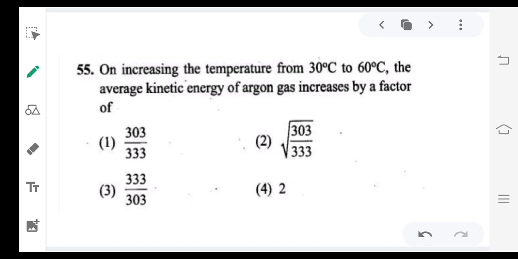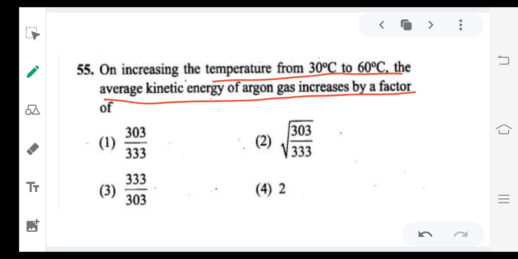Next, on increasing the temperature from 30 degrees to 60 degrees, the average kinetic energy of argon gas increased by a factor. So temperature is increased from 30 degrees to 60 degrees. What about the average kinetic energy of argon?